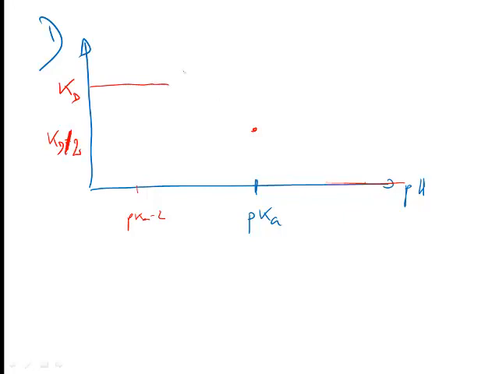So we're going to have something a little bit like that, where D is going to go down, and it's going to be a bit of an inverse curve.